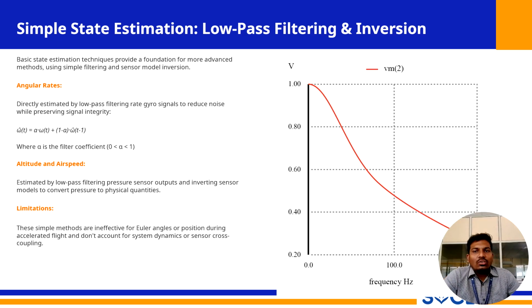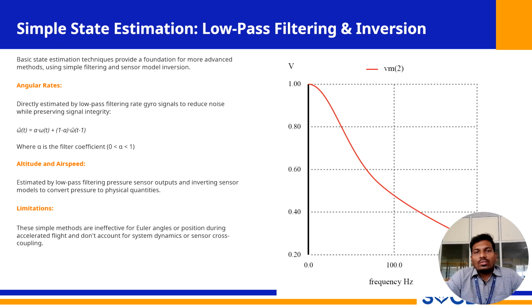These states are estimated by low-pass filtering the pressure sensor output and inverting the sensor model to convert the pressure to physical quantities. First, a low-pass filter is applied to the raw pressure reading to smooth it out. Then, a second step, model inversion, is required.